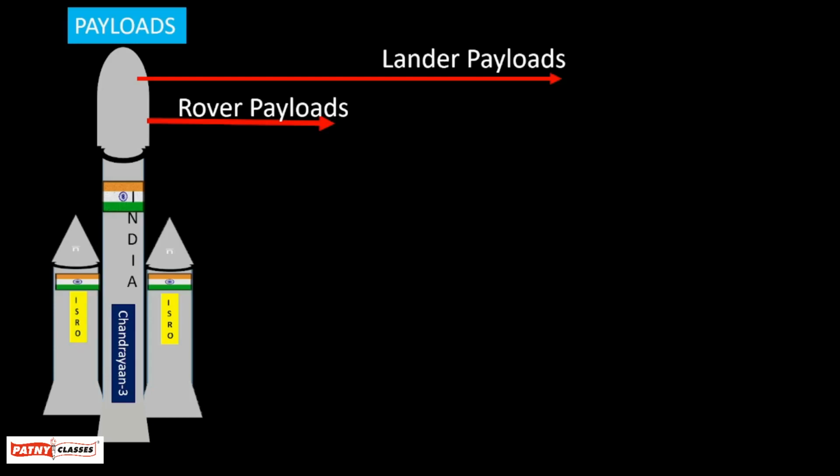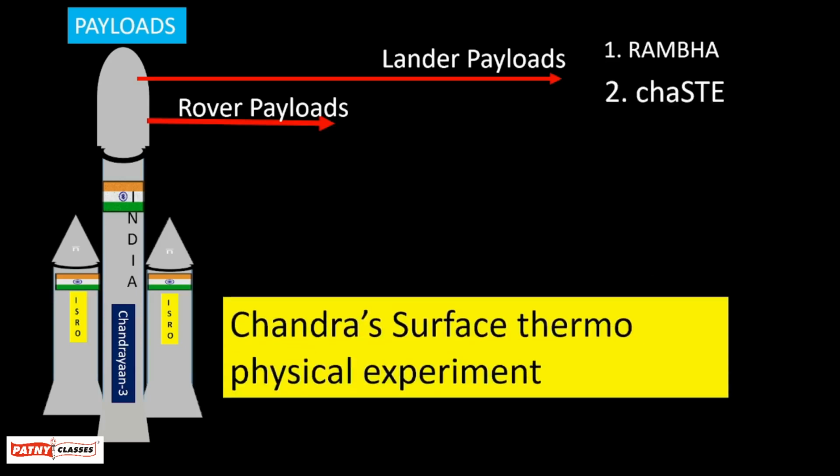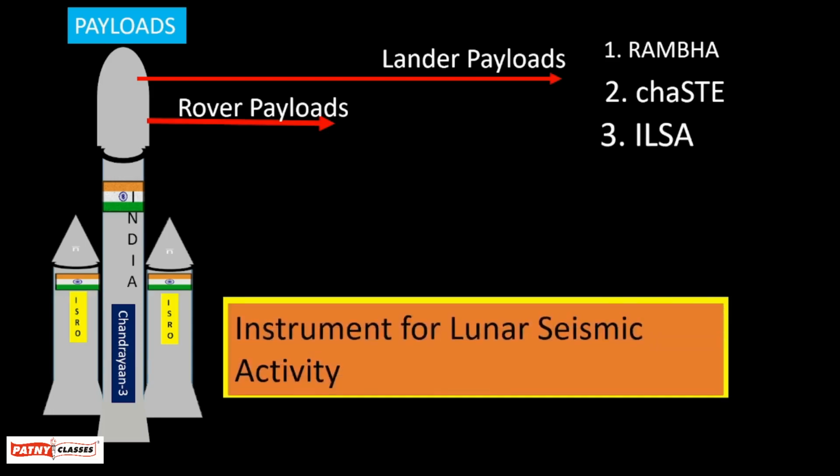Now lander payloads. The first one is RAMBHA, full form Radio Anatomy of Moon Bound Hypersensitive Ionosphere and Atmosphere. Second one is ChaSTE, that is Chandra's Surface Thermophysical Experiment. ILSA, that is the Instrument for Lunar Seismic Activity.